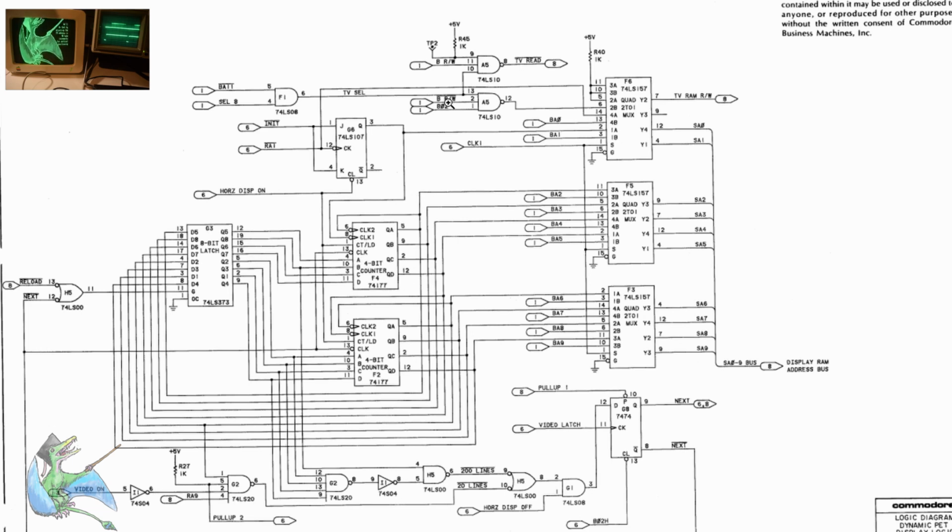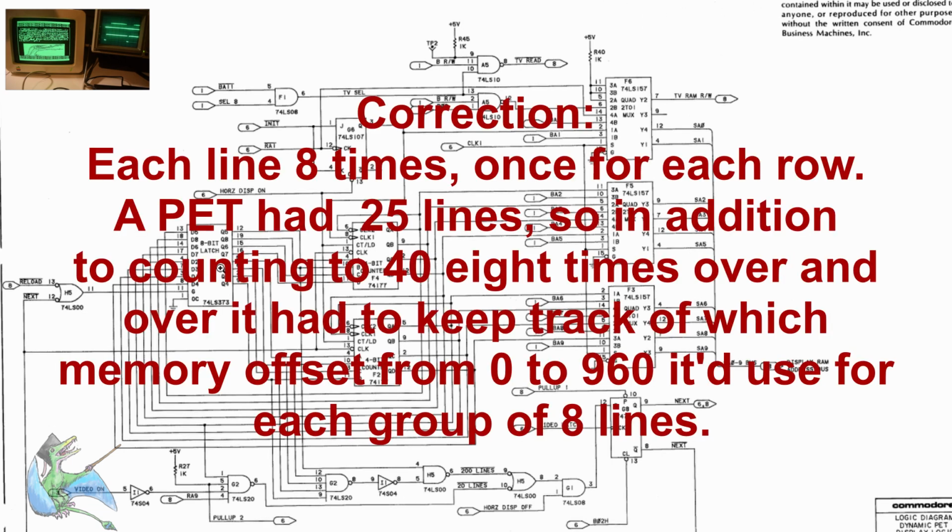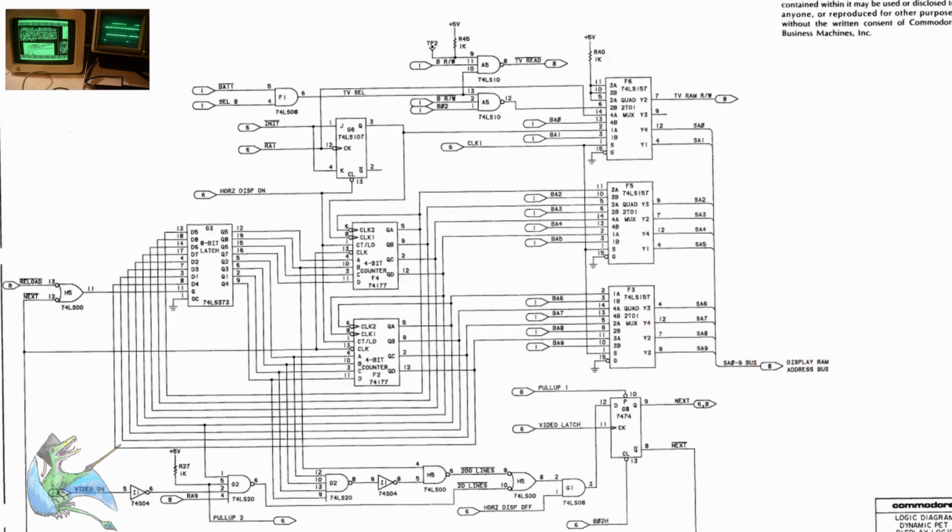Add an offset to it because each line is 40 characters. It then has to do each line 40 times, so it has to remember what line it's on. That's what the latch is for. And then when it's done with 8 lines, another counter pops it up through memory, so it does the next 40 characters 8 times.